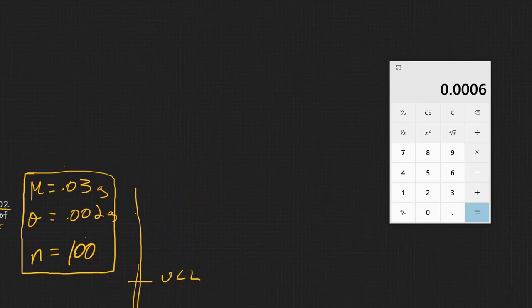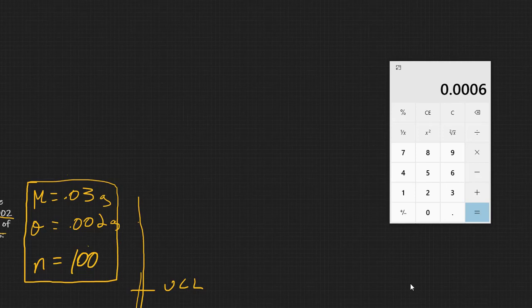Let me just make some space here. In order to calculate the upper control limit, we're going to do mu plus 3 sigma, where sigma is the sigma of the X bar, which is the same as saying mu plus 3 sigma over the square root of n.